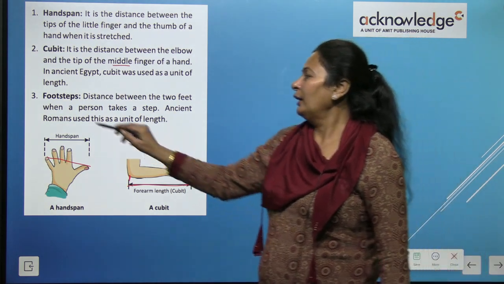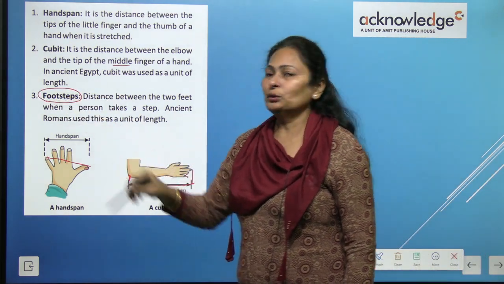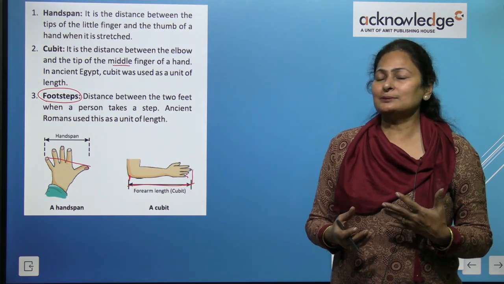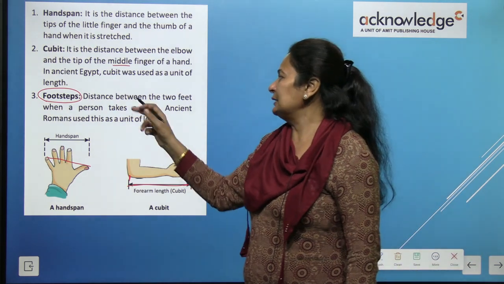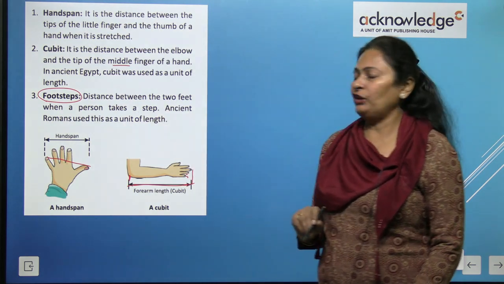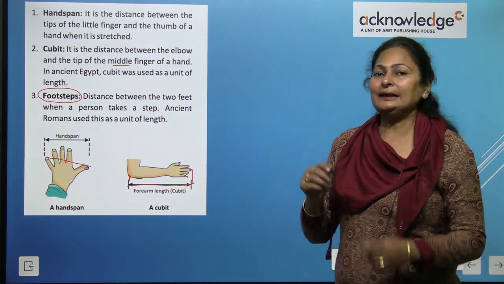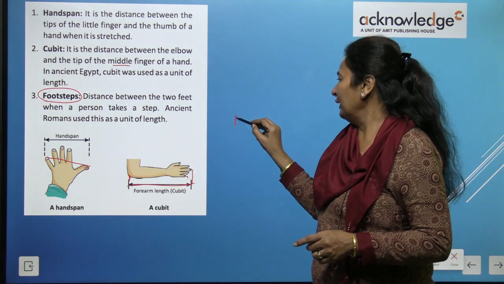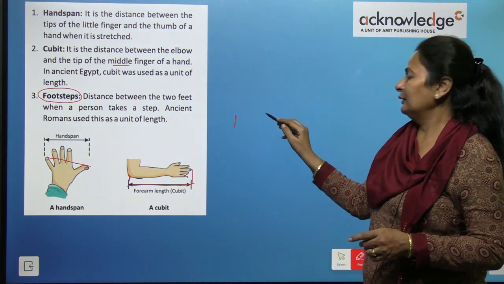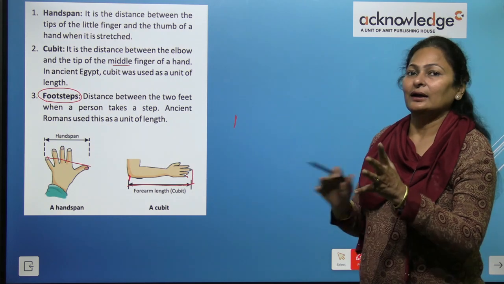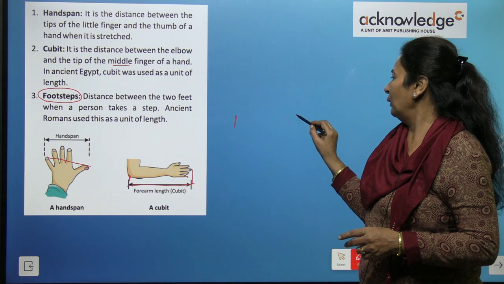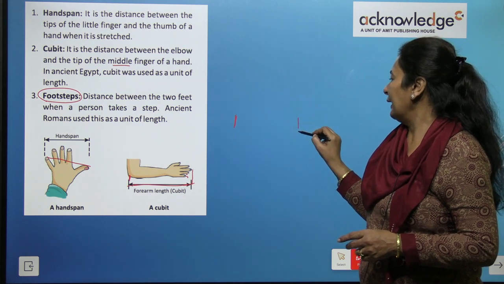Now another way the people used to measure the length or the walking distance was by footsteps, the distance between two feet when a person takes a step. One foot is here and the person has taken a step. Now his other foot, or the second foot, is here, right?